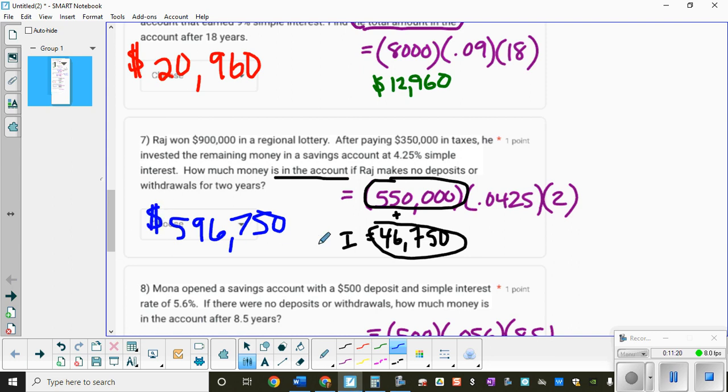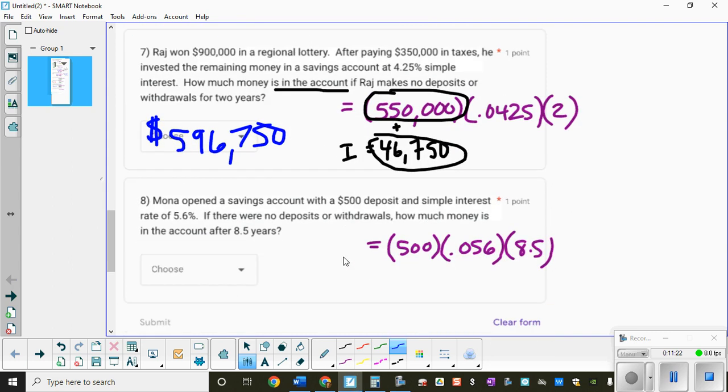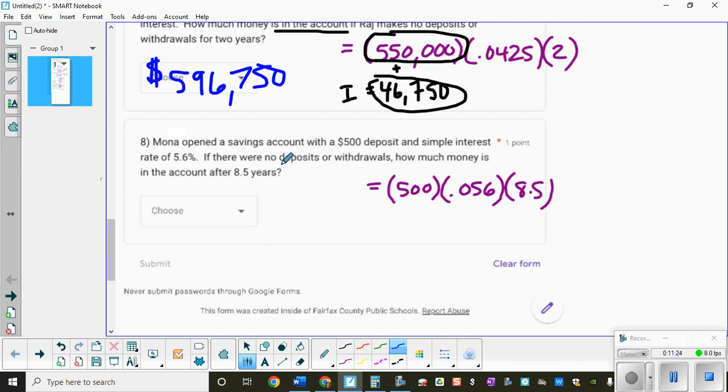Okay. All right, cool. And now here we're on the last one. So Mona opened a savings account with a $500 deposit and a simple interest rate of 5.6%. If there were no deposits or withdrawals, meaning the money is just going to sit there, how much money is in the account after 8.5 years? So once again, once we find this number here, this is going to be just the interest.